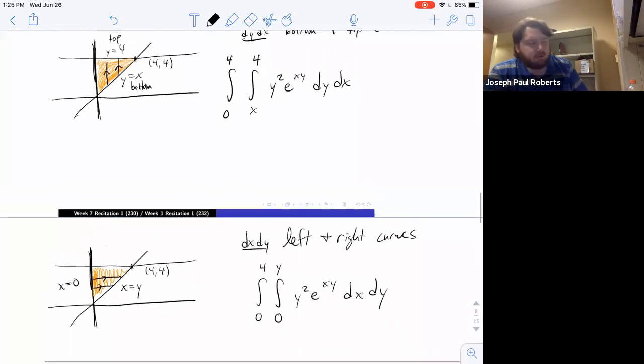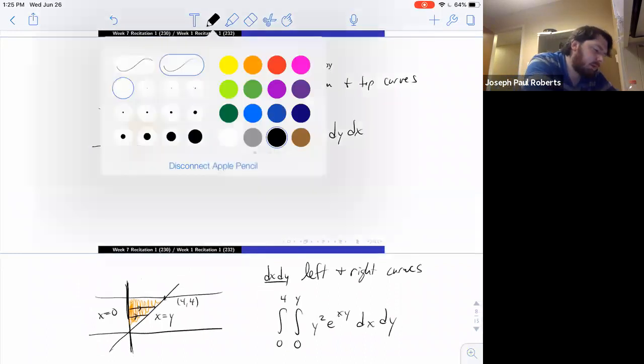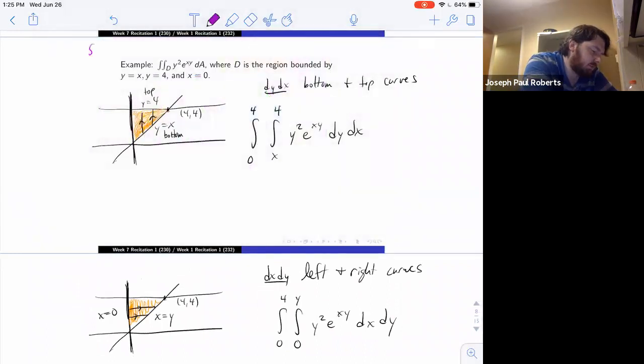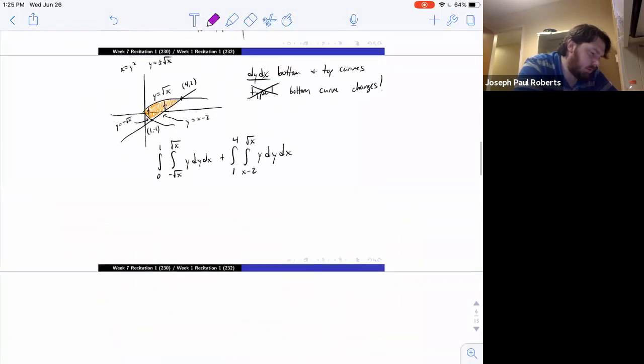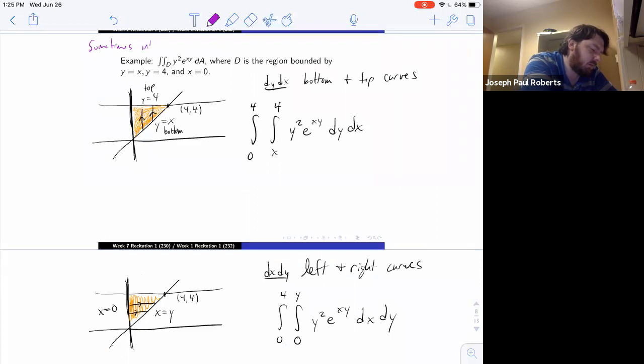And so as far as which one's better, sometimes, how do I want to do this? Sometimes the integrand influences your dy dx versus dx dy choice.